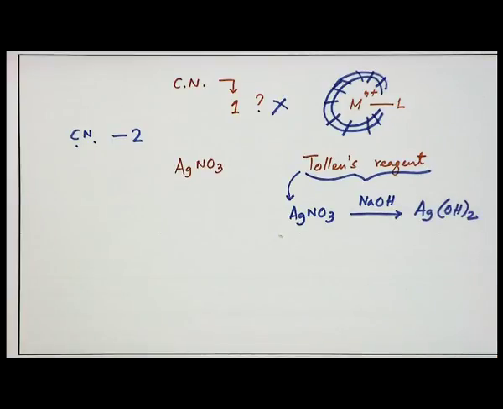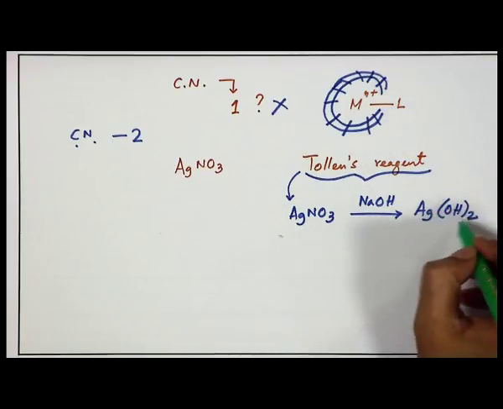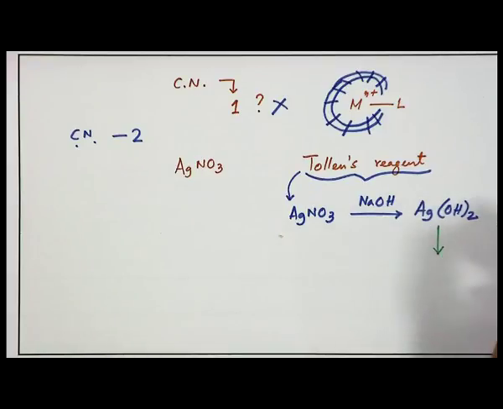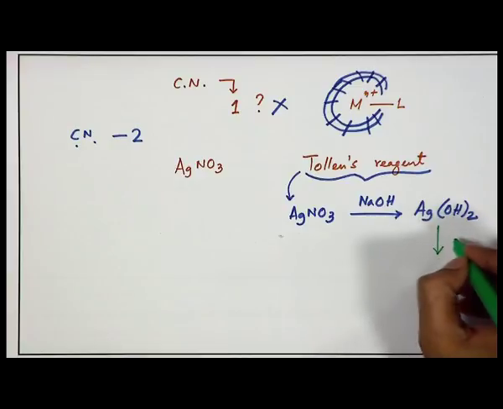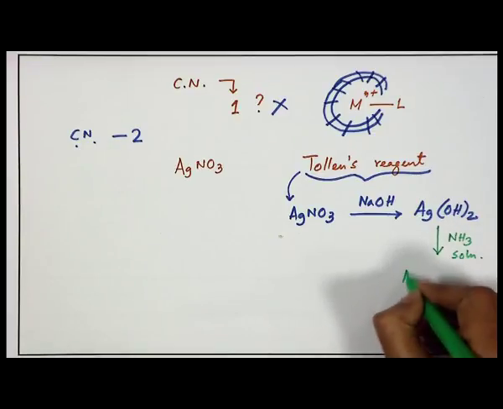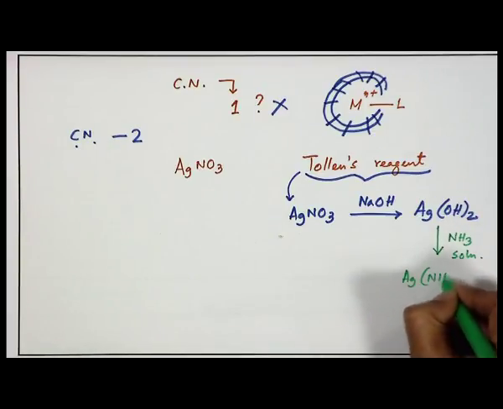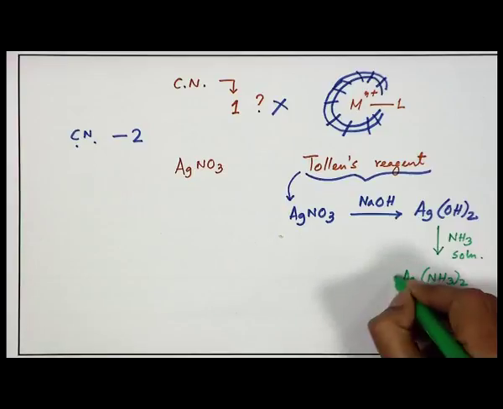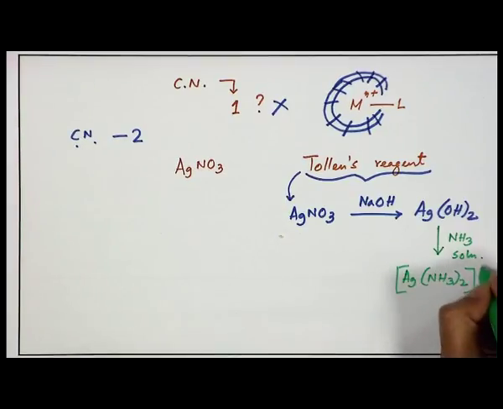So, the medium is typically alkaline due to the presence of silver hydroxide, and like silver chloride, we just dissolve it in ammonia. So, ammonia solution is next added, giving rise to Ag(NH3)2, which is the corresponding complex species.